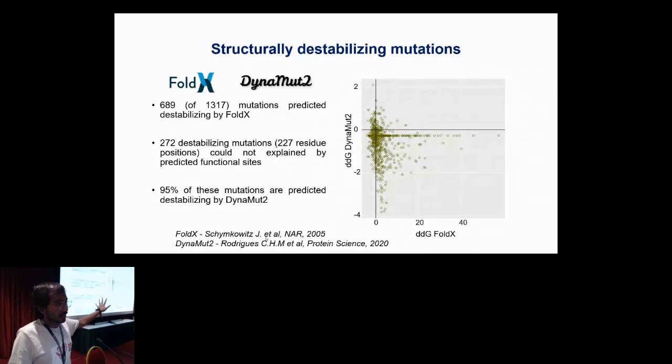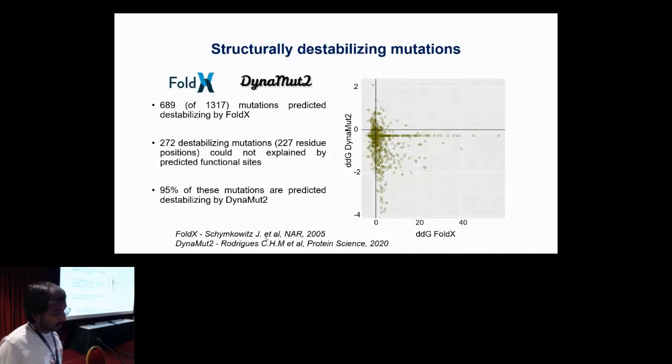We do not quite see a clear correlation between the delta delta G values, but we assume that if two tools are saying that the mutation is structurally destabilizing, then it should be structurally destabilizing. Out of the 1,300 disease-associated mutations in our data set, around 700 mutations were predicted as destabilizing by FoldX.